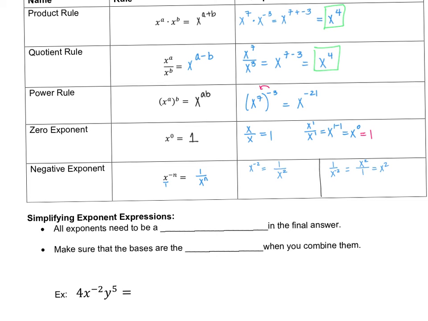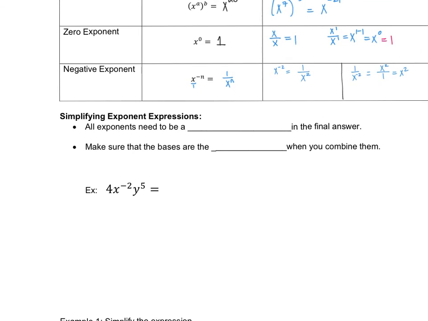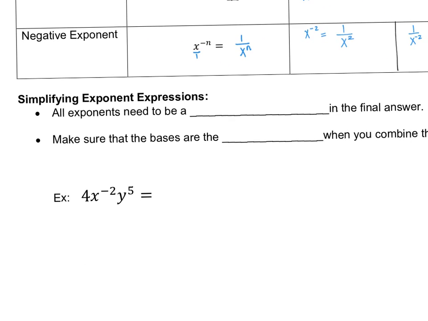The next thing I want to talk about is simplifying exponent expressions. There are 2 main things you want to keep in mind when it comes to simplifying expressions with exponents. 1, all exponents need to be a positive exponent. Kind of like what we were mentioning before with that negative exponent. You want positive exponent most of the time.